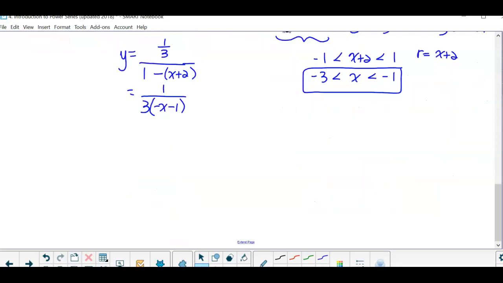I don't really like keeping negatives there, so I'm going to factor out a negative, so that's x plus 1, and put that out front. So negative 1 over 3 times x plus 1. That is your function generated by that series.